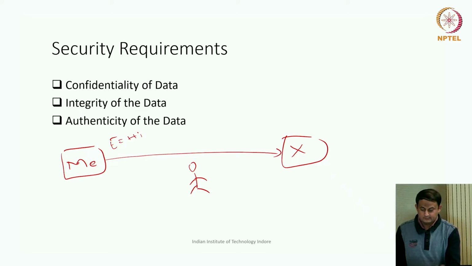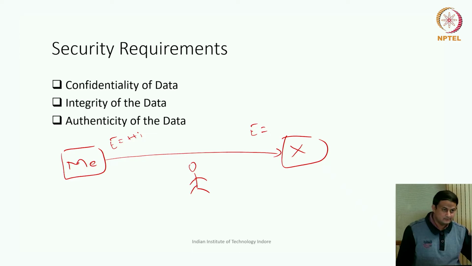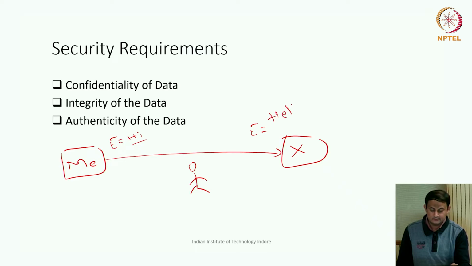And when the message E itself arrives, I don't want that email content to be modified by the person sitting in the middle. I don't want hi to be manipulated and X receives hello.